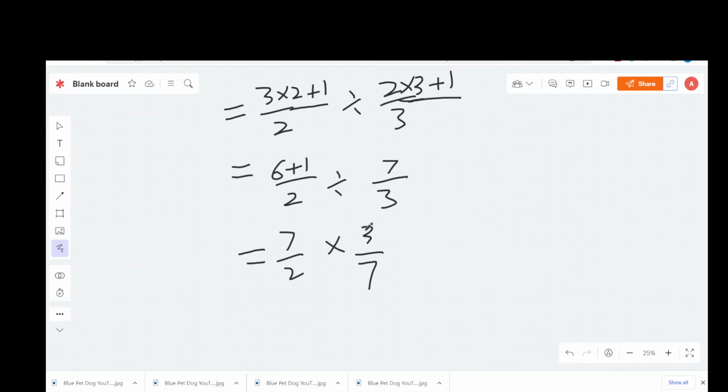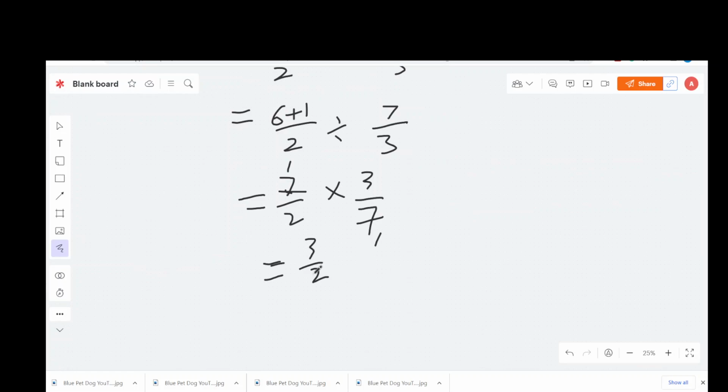Okay, here 7 divide 7 equal 1. So now it is 3 over 2. But 3 over 2 is an improper fraction, so we change it to the other form. So we change to a mixture fraction, 1 and 1 over 2.